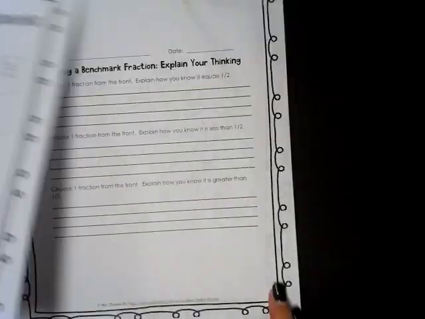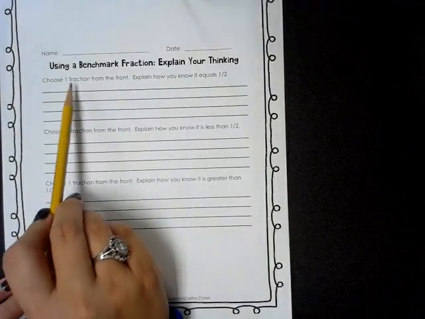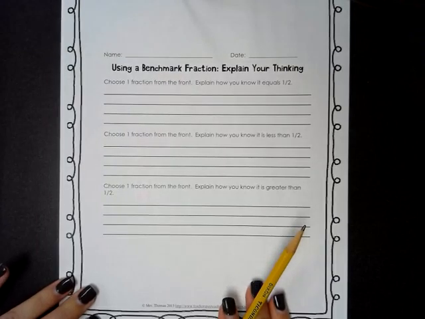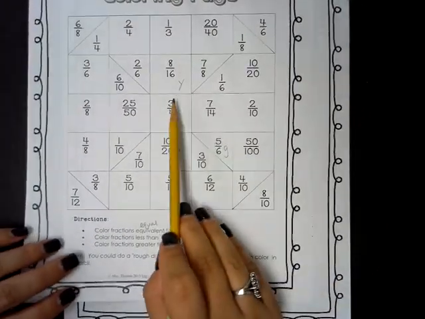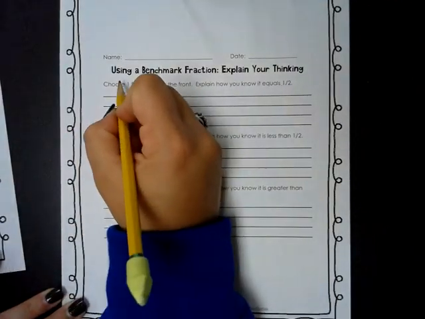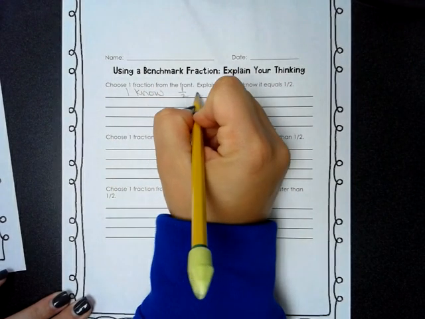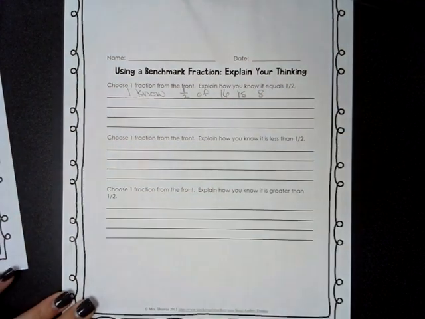What you're doing on the next page is explaining your thinking. It says choose one fraction from the front and explain how you know that it equals 1/2. So if I go back to the fraction that I said is equal to 1/2, 8/16, I'm going to put here that I know that 1/2 of 16 is 8.